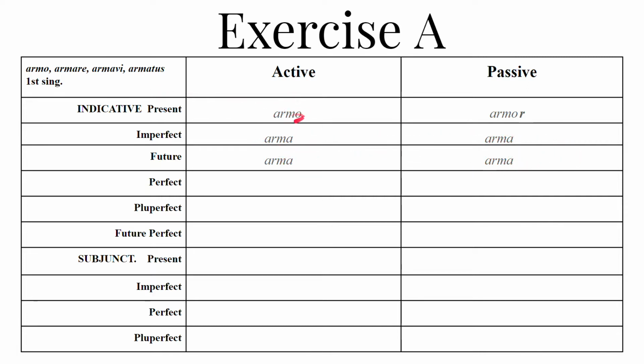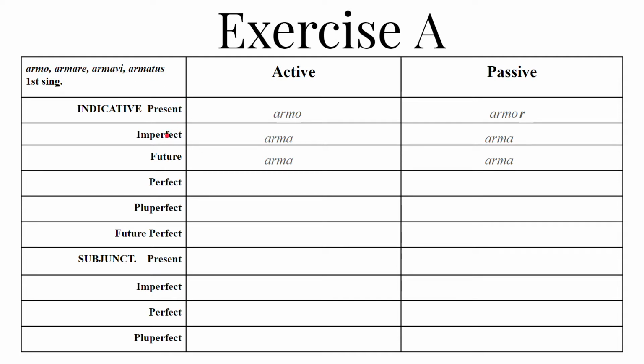We would put the present stem arma for the present tense as well if the verb were not first person singular. If the verb is first person singular, you need to start with the first principal part because its only job is to be the first person singular present tense.